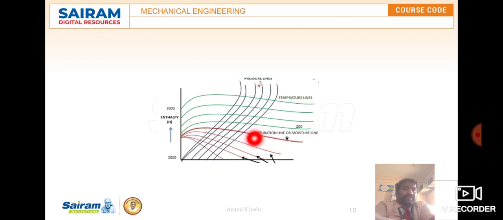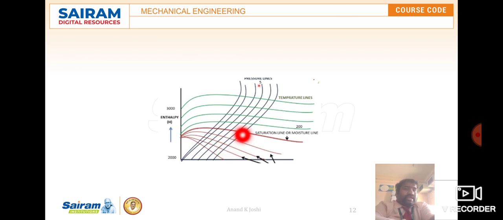Before this, the steam will be wet. Here we can also identify the various dryness fractions from 0.52 to 1. And the pressure lines we can also identify, so where it cuts a particular pressure and temperature, we can identify the quality of the steam, that is, the dryness fraction.